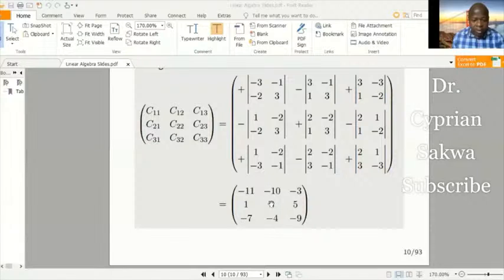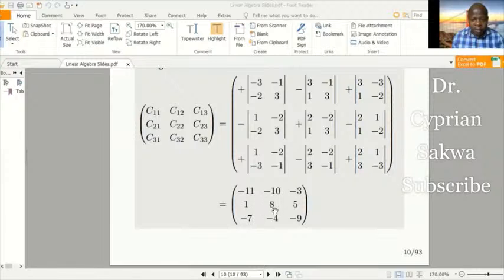We do that for all the other elements, and then we find the determinants, and this is the matrix you end up with. This is the cofactor matrix.